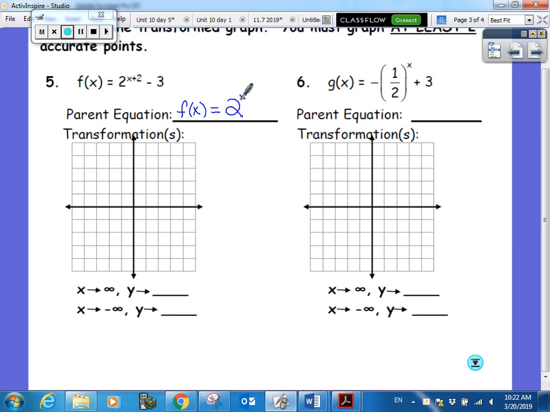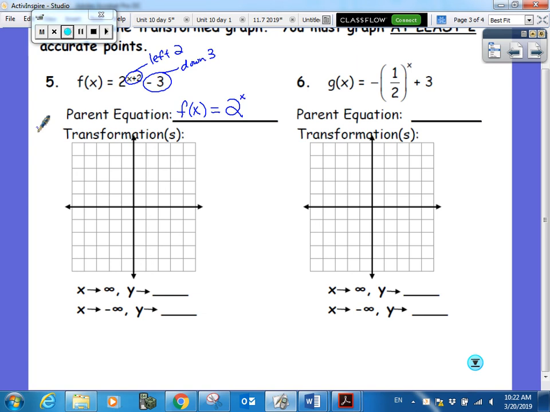Okay, so the way you know whether it's 2 or 3, okay, the 3 is just a shift, but the 2 is what the actual base is of this problem, so 2 to the x. Our transformations, this right here moves it left 2, and this right here moves it down 3.